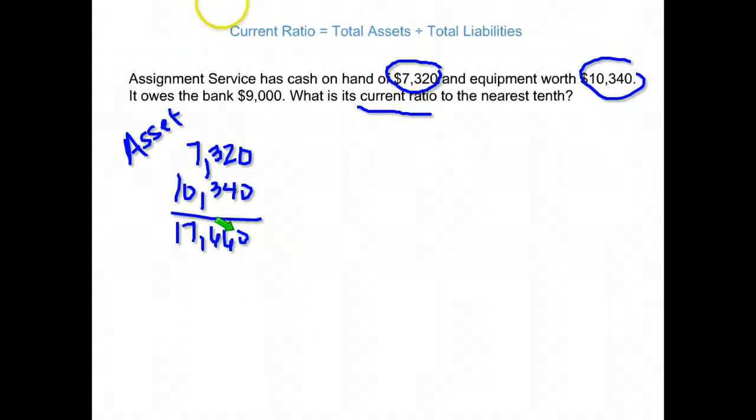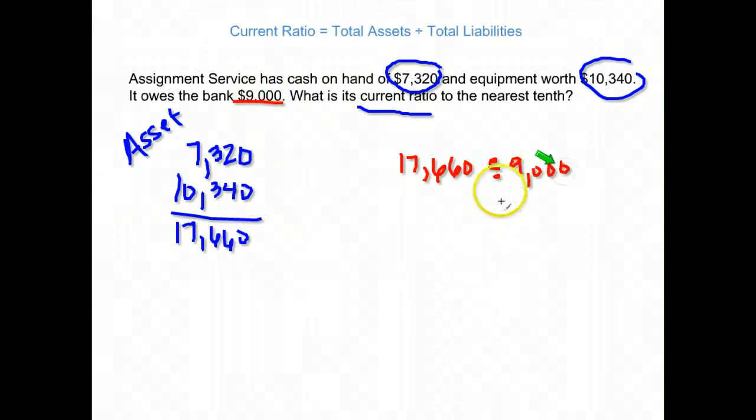There's our total assets. Okay, now we are going to go ahead and find our current ratio. We take our total assets, again, which we just found was 17,660, and we divide it by our total liabilities. The only liability they mentioned was owing the bank $9,000. Okay, so we go ahead and divide those 17,660 divided by 9,000.